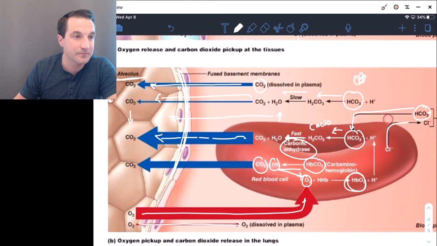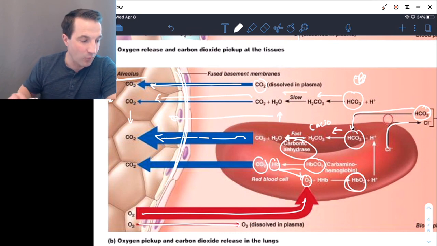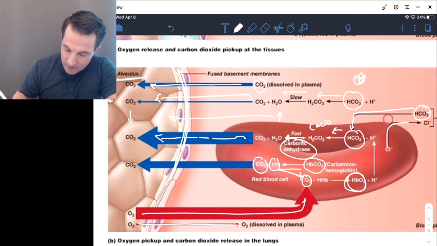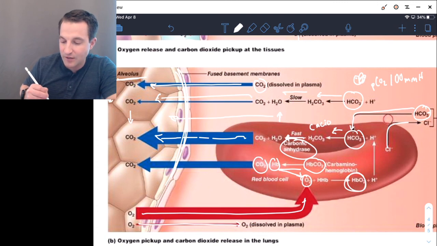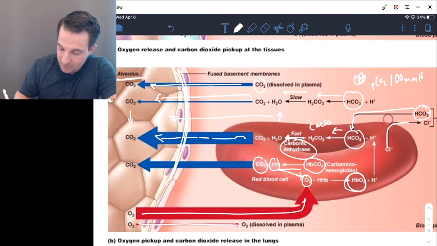So, yep, I think I've been able to cover this. If I wanted to make a point here, our partial pressure of CO2 in the blood right outside the alveoli is about 100 millimeters of mercury.